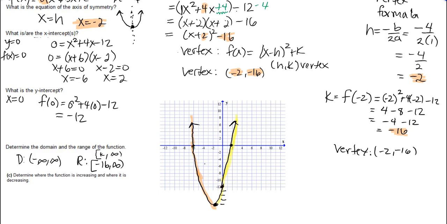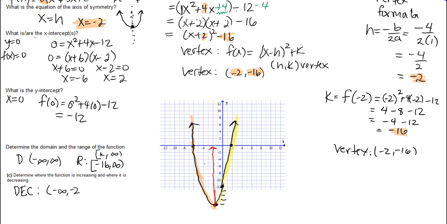That section is marked off where the vertex is. So negative 2 is going to be my mark where it changes. So I'm going to say that this function is decreasing from negative infinity to negative 2.